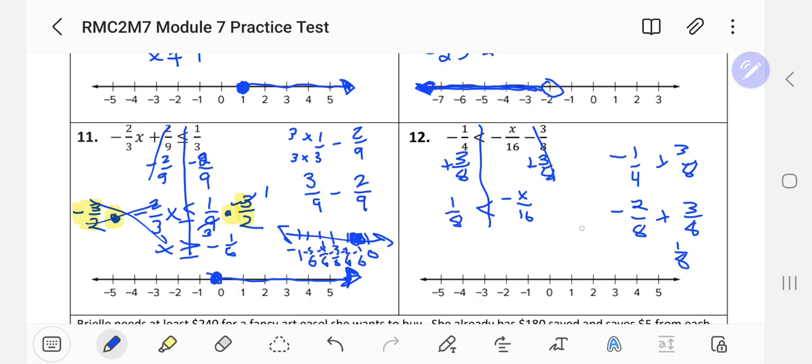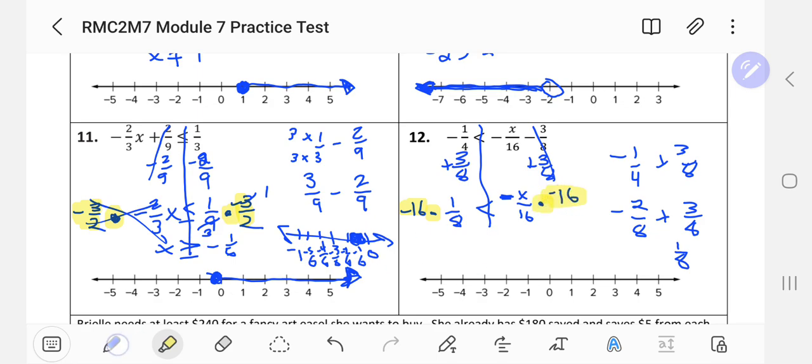1/8. Now, we have a situation here where we have negative x divided by 16. So we're going to multiply by 16, but we're going to make it negative to deal with this negative right here. Okay, we're going to multiply by negative 16. Uh-oh, I multiplied by another negative. I gotta flip another inequality symbol.